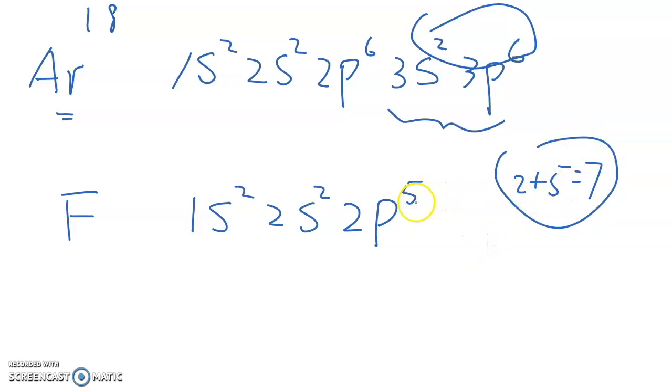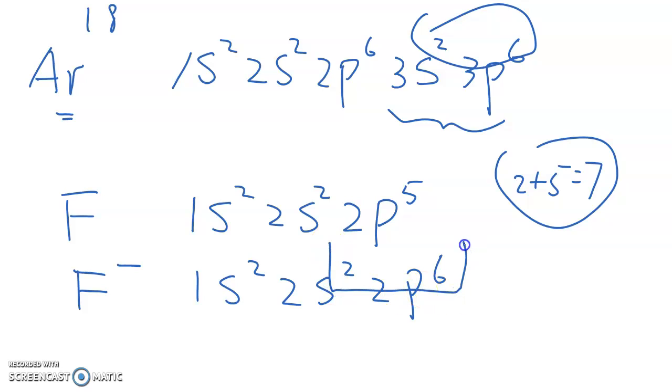And how can I get 8 valence electrons? I need to grab another electron here. That's why fluorine would prefer to be F minus, 1 minus. When it is F minus, the electron configuration will be 1s2, 2s2, 2p6. Now it is very happy because it has 8 valence electrons.